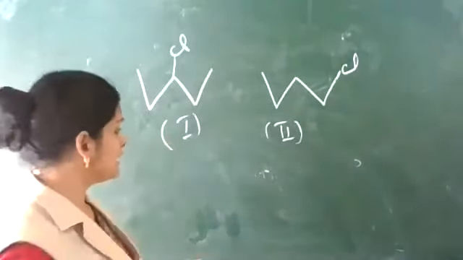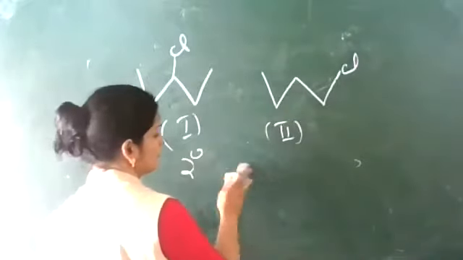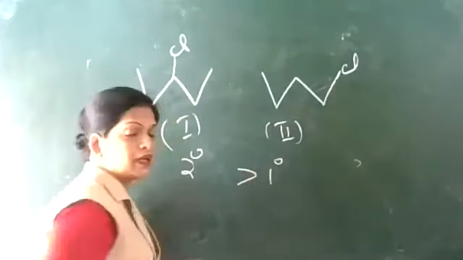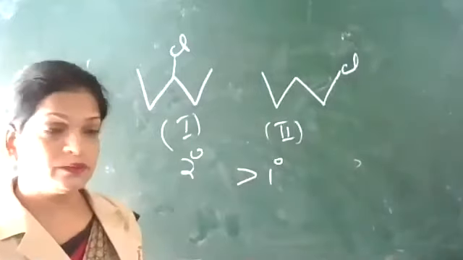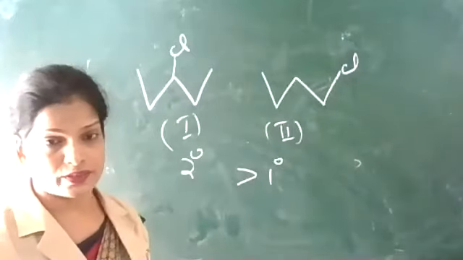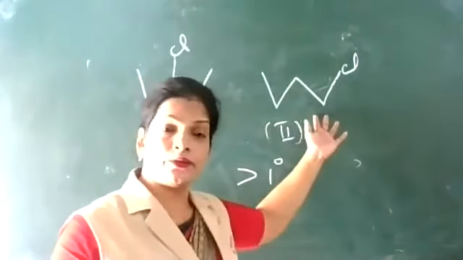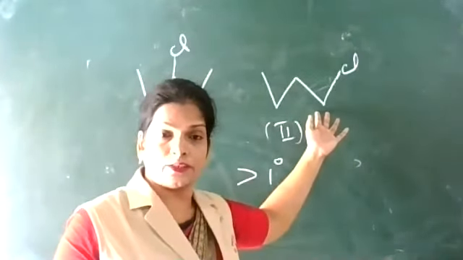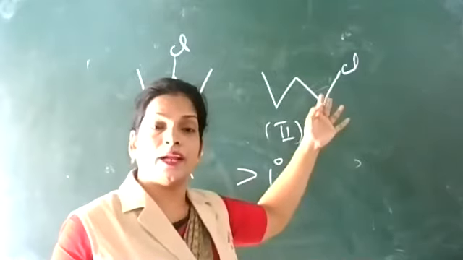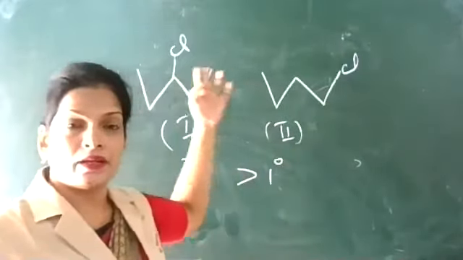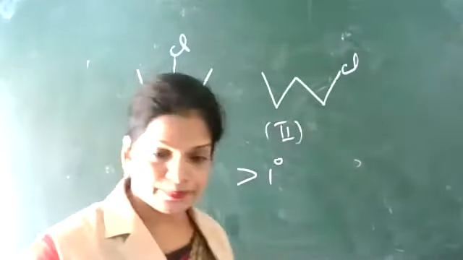So the secondary will undergo SN1 reaction fast. For SN2 reaction, this will undergo it faster because there is less steric hindrance compared to this one.